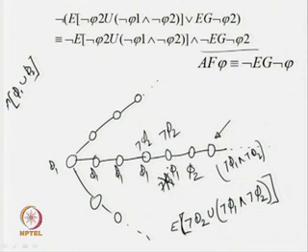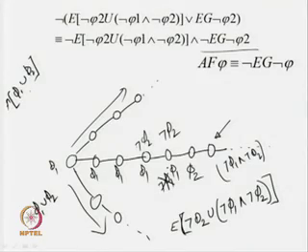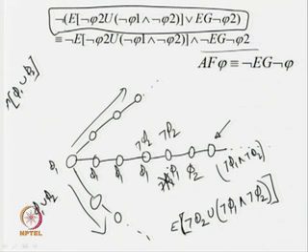So, that means we are getting this particular path where phi 1 until phi 2 is true. And with similar logic, we can extend it to all other paths, and we will find that on all other paths phi 1 will remain true until phi 2. So, what we have seen is that A phi 1 until phi 2 can be expressed with the help of this particular formula, which involves the E until operator.